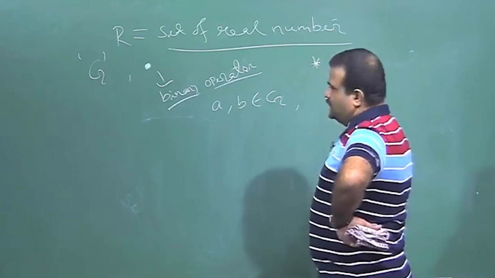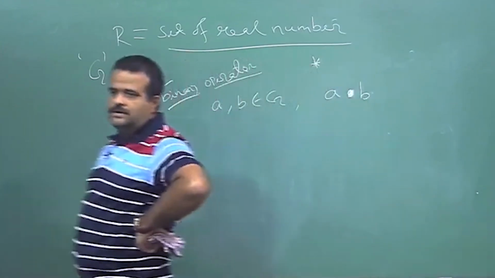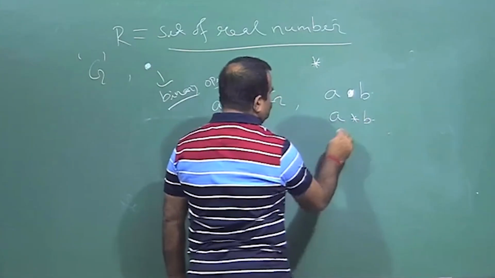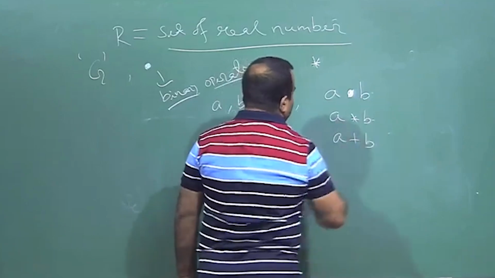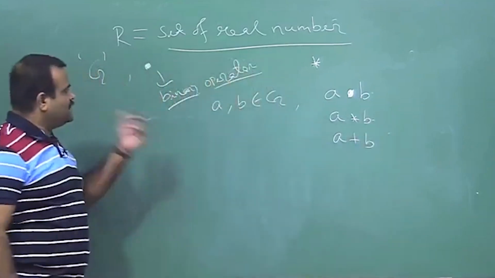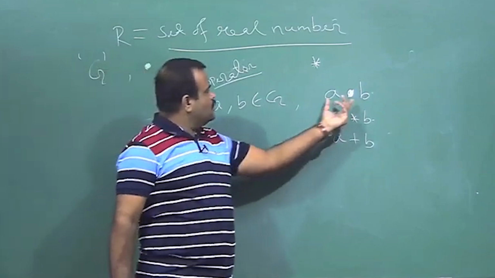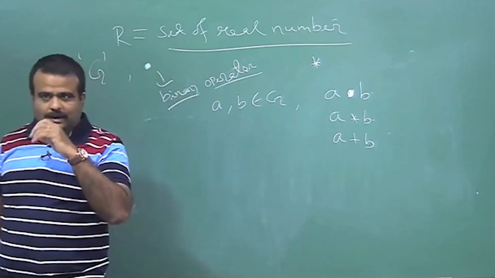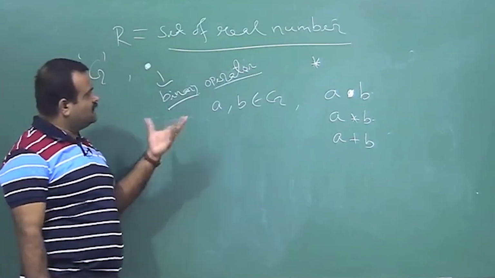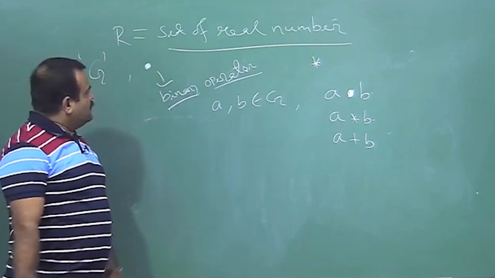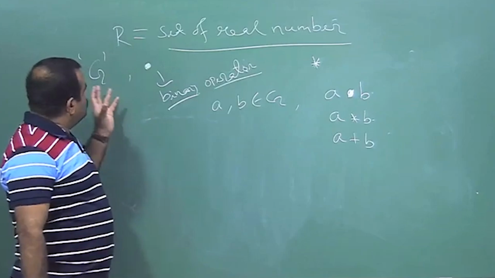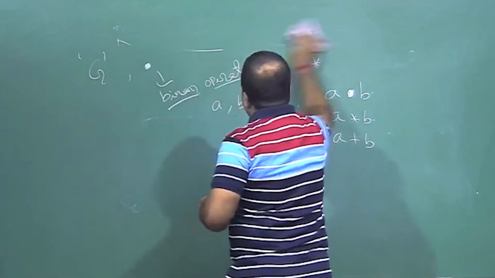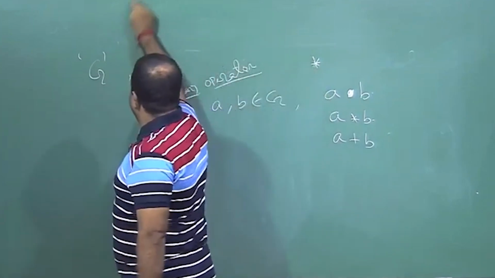This is just a notation. Then A star B, or we could use plus, then A plus B. So, these are all binary operators or binary operations, because it is taking two elements, A and B, that is why we say it is a binary operator. If it is three elements, then it is a ternary operator. So, we'll define a group, which is an algebraic structure over a set.